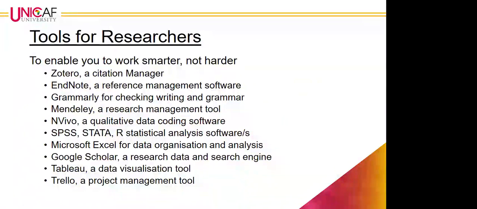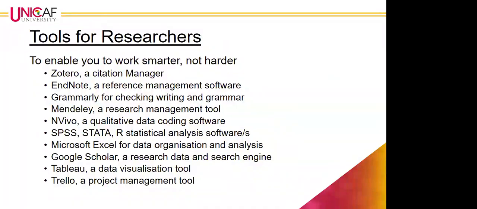So in terms of tools that a researcher can use, there are several, but I'll give you 10 of them. The purpose of this is to make your research work easier. For example, we do have the citation manager, Zotero, but we also have EndNote, a reference management software.